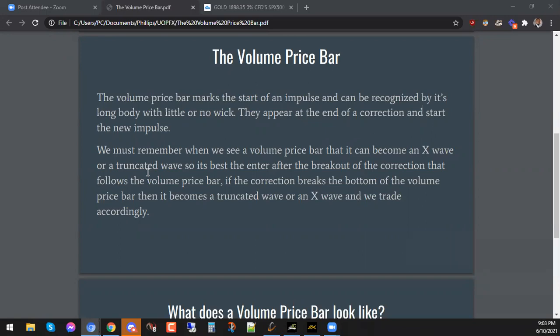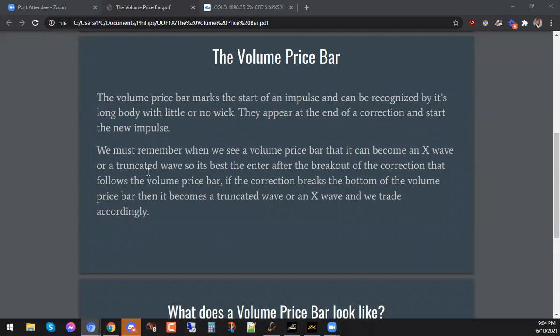So you guys know what an X wave is. Okay, wonderful. I'm happy to hear that. Great. Now, a volume price bar can lead to an X wave.